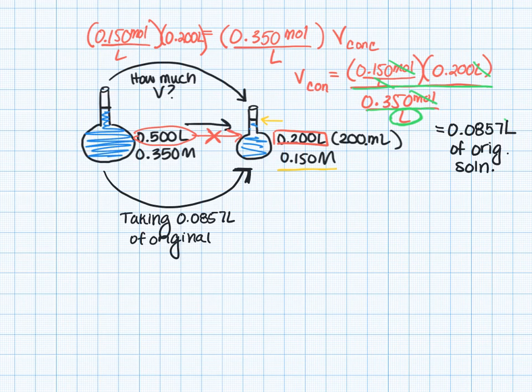So what am I solving for? If I'm actually diluting a solution, I'm solving for the volume of the original concentrated solution that I need to take in order to make the diluted solution. Okay, let's put this in milliliters so we know. This is the same thing as saying 85.7 milliliters will be taken over. And so I'm going to add roughly 114.3, a little bit more. I'm adding water until I hit the desired line on the volumetric flask.